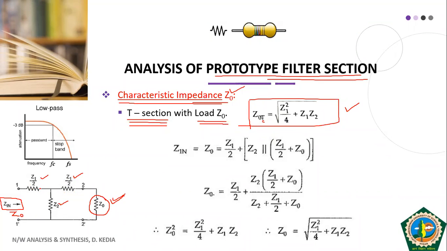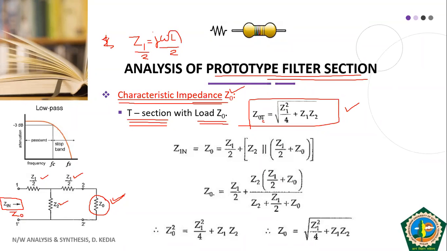So if your series arm contains an inductor, we know that for an inductor, what is Z1? Z1 is nothing but j omega L. So Z1 by 2 will be j omega L by 2.